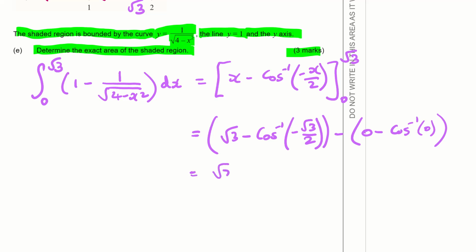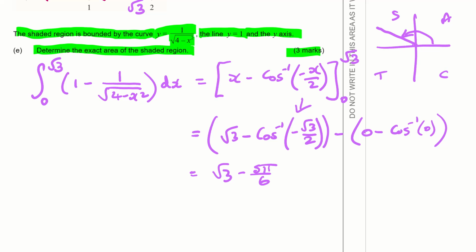So that's root 3. Now think about ASTC. It's going to be that angle there that's given to us by that one. And so that is going to be take away 5 pi by 6.